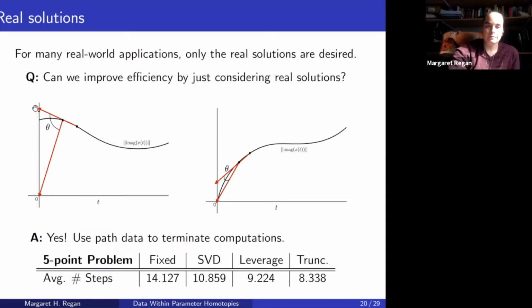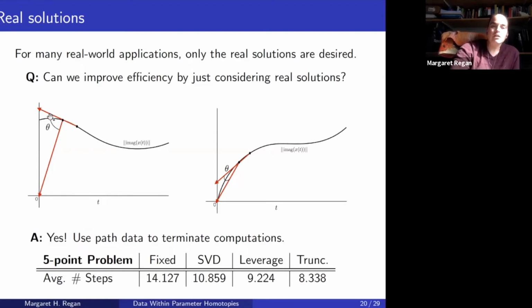So here, this angle is large, or large comparatively for the situation. And we do this at about t equals 0.2 or 0.3, somewhere between 0.1 and 0.3. And what that does is it tells us, okay, we're close to our final solution set of our target system.